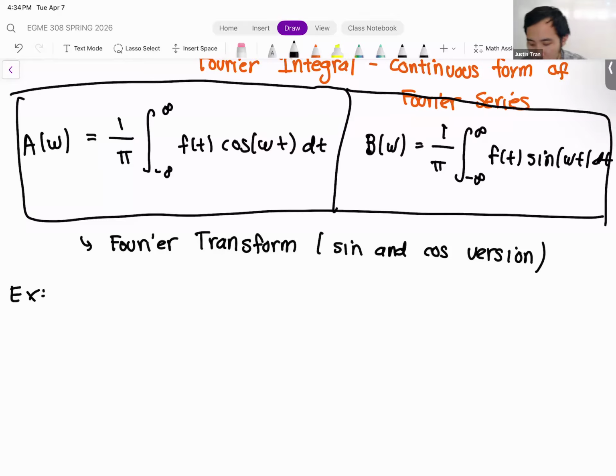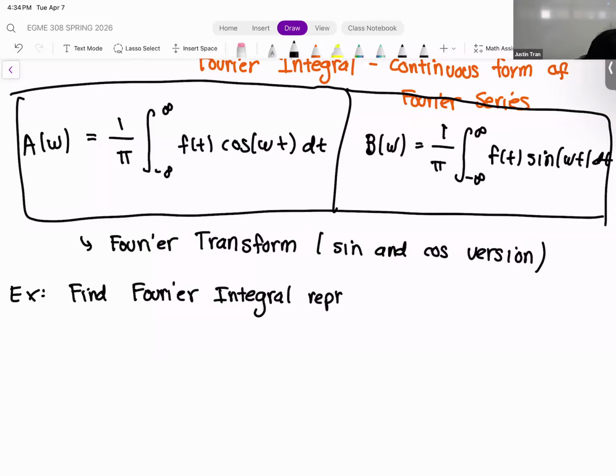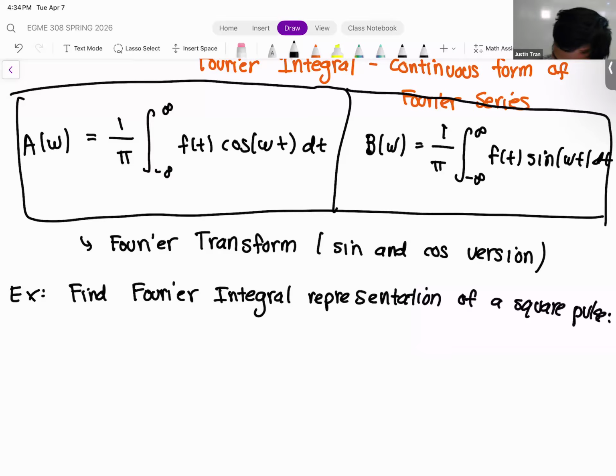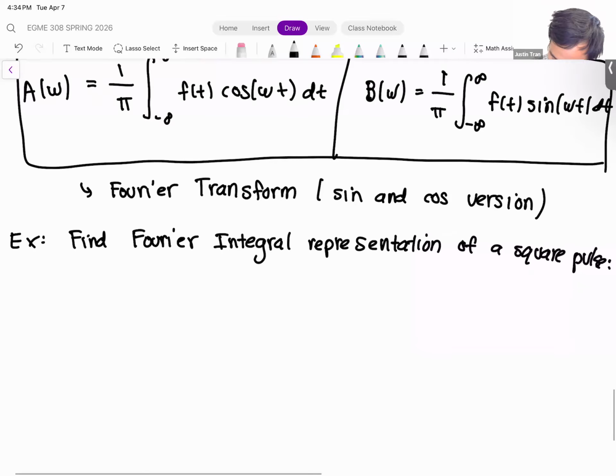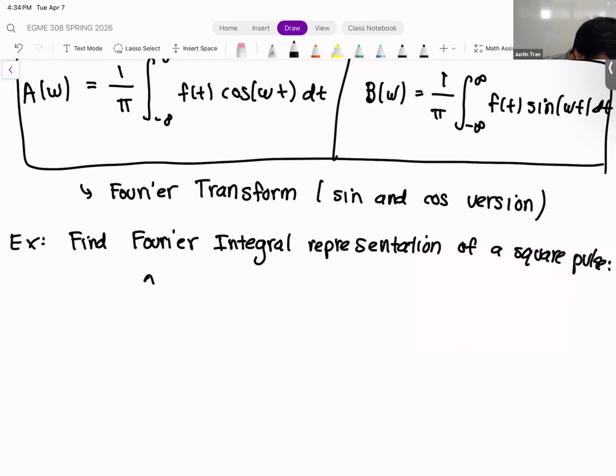Okay, so for this example, we are going to find the Fourier integral representation of a square pulse. All right, so our square pulse is going to look like the following.